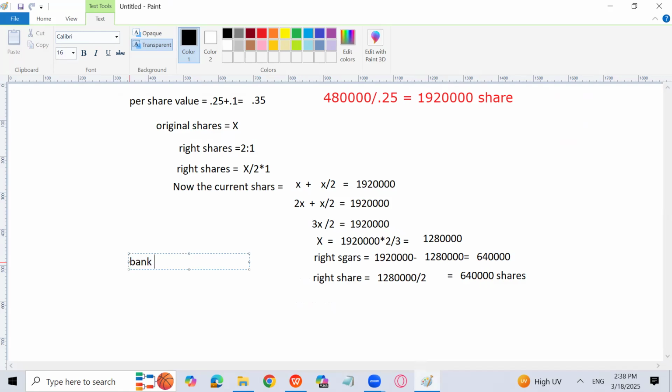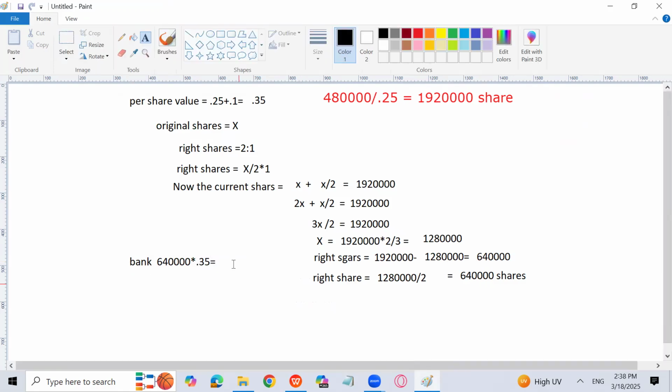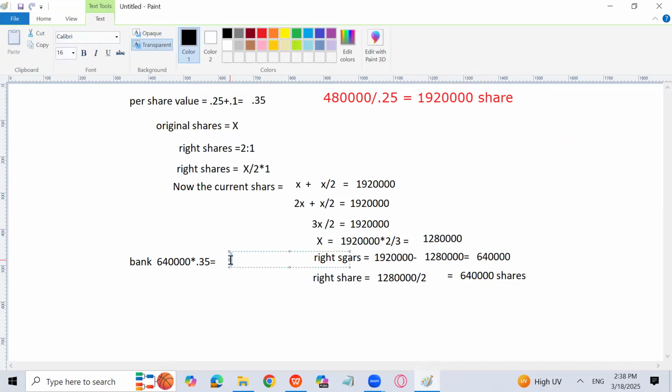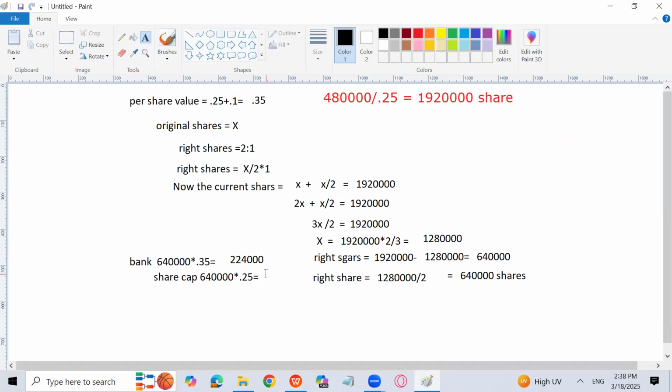So bank is going to be debited. That is 6,40,000 multiplied by 0.35, because that is the amount of right shares, 0.25 plus 0.1, 0.35. That is 224,000. Then share capital will be credited, that is 6,40,000 multiplied by, it is always written with the face value, 0.25.